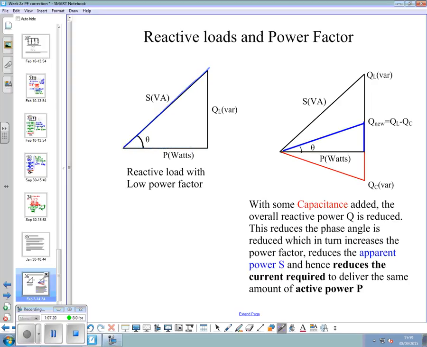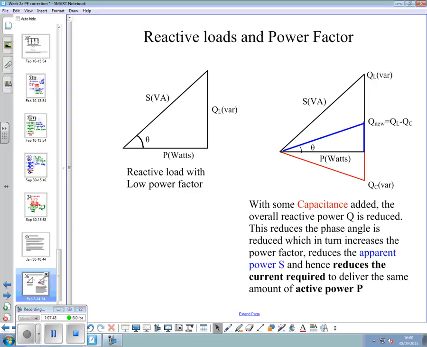When we add some capacitance, we end up with a Q value downwards as well as a Q value upwards, and we end up with what I'm going to call Q new, which is effectively QL minus QC, a new overall reactive power.